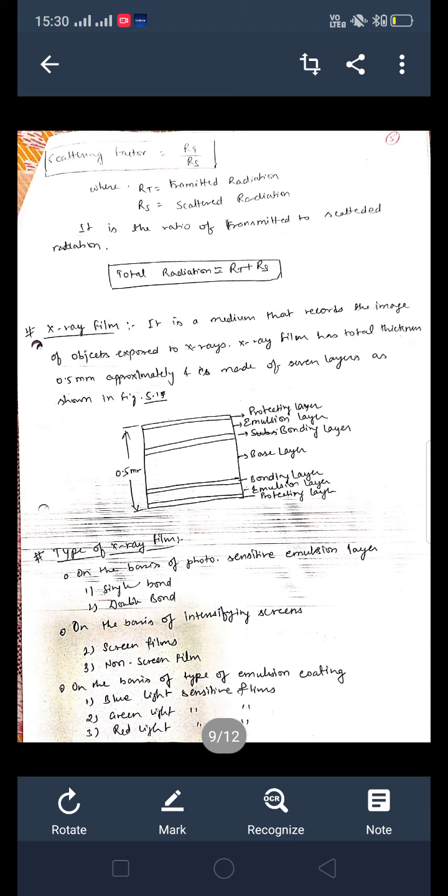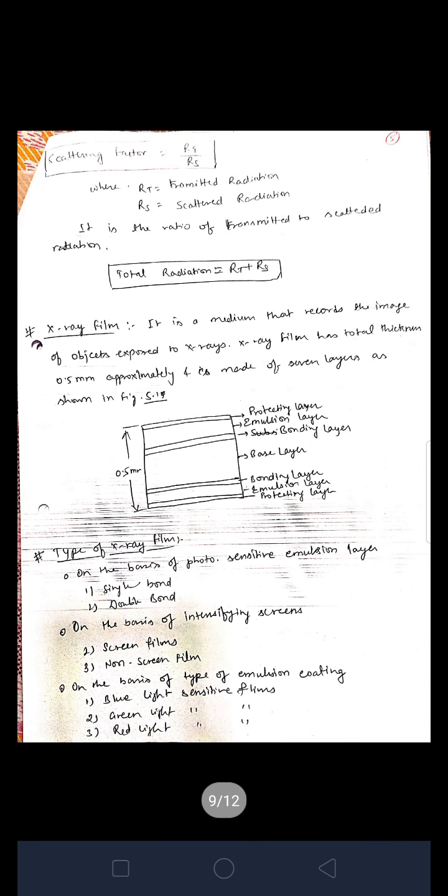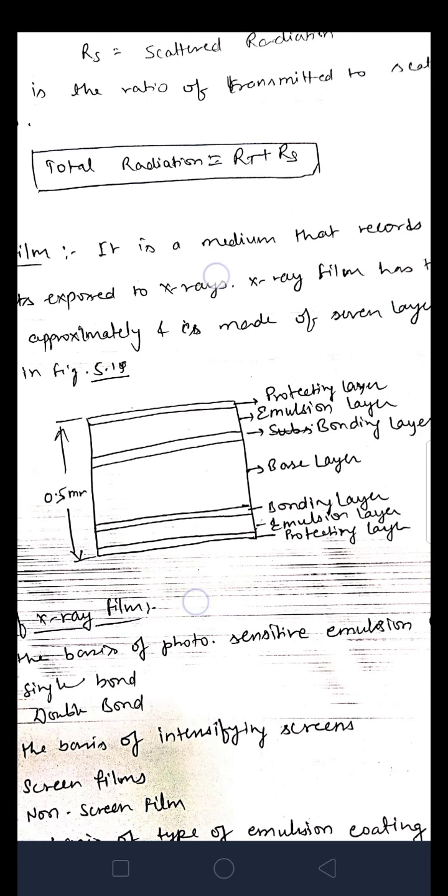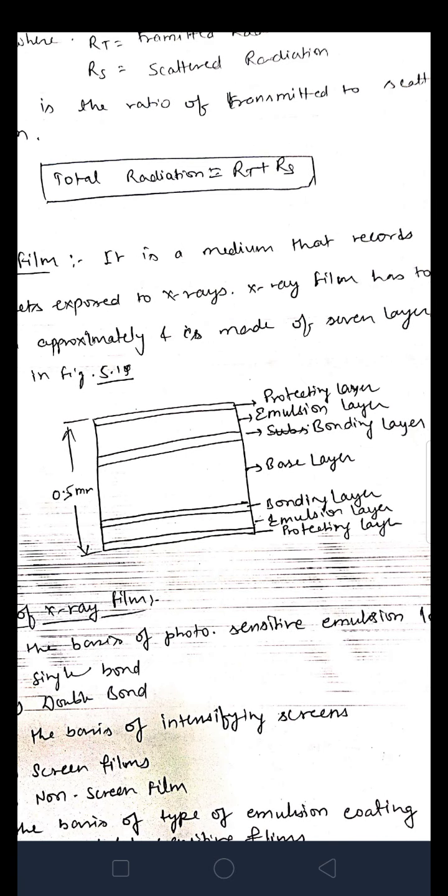It is a medium that records the image of an object exposed to X-rays. An X-ray film has a total thickness of approximately 0.5 mm and is made of seven layers as shown in the figure. Coming to the figure, it is 0.5 mm thick.